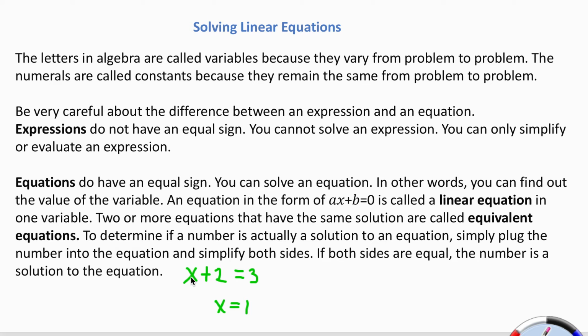X is 1 in both of these. 1 plus 2 is 3, x is 1. Right? Equivalent equations. So to determine if a number is actually a solution to an equation, you plug that number into the equation and simplify both sides. If both sides are equal, the number is a solution.